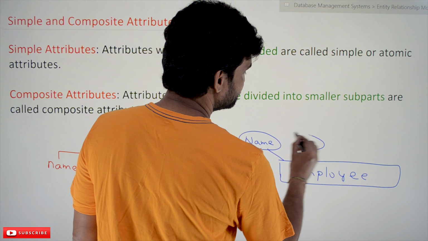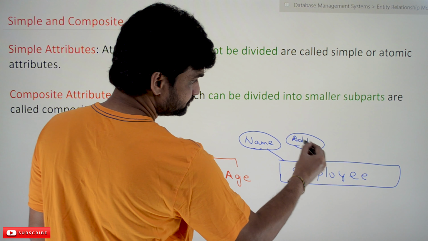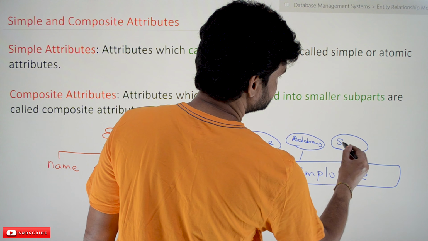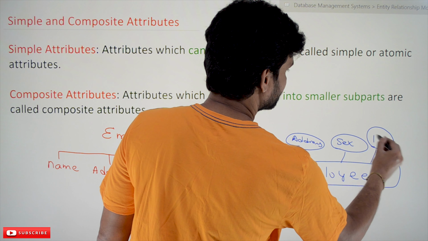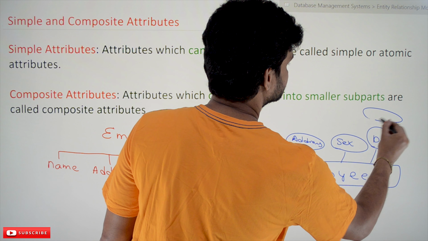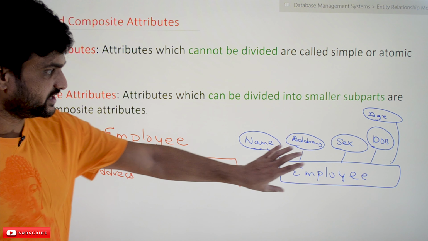These are all the attributes. Attributes are described in oval shape: name, address, sex, date of birth, and the last one is age. So these are the attributes of this entity type.